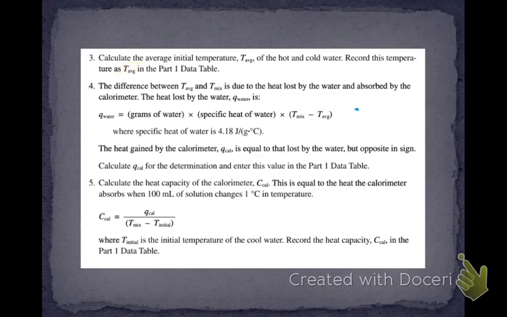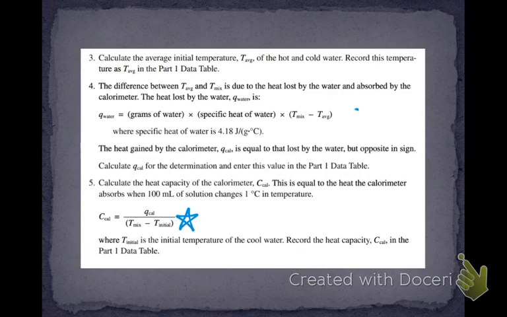And then number 5, you're calculating the heat capacity of the calorimeter. And just remember that the heat capacity means how much heat the calorimeter is absorbing when 100 milliliters of solution changes by 1 degree C. So you're going to use the equation that's given to you, C sub cal equals Q cal divided by the difference in temperature, T mix minus the initial temperature of the water.